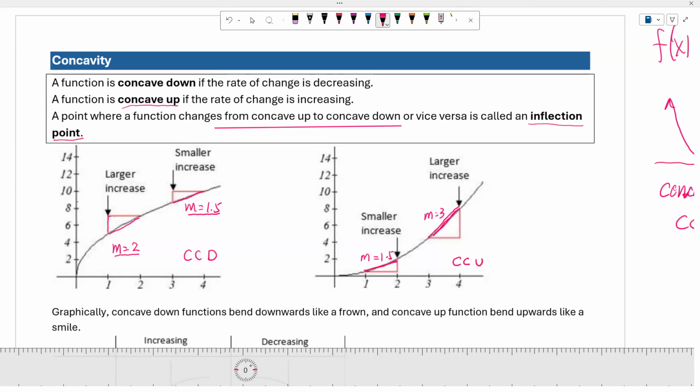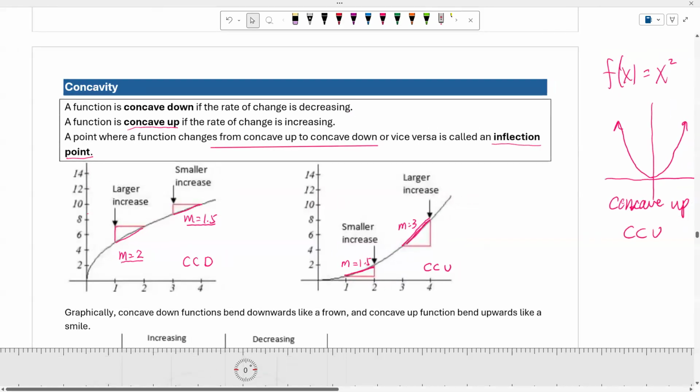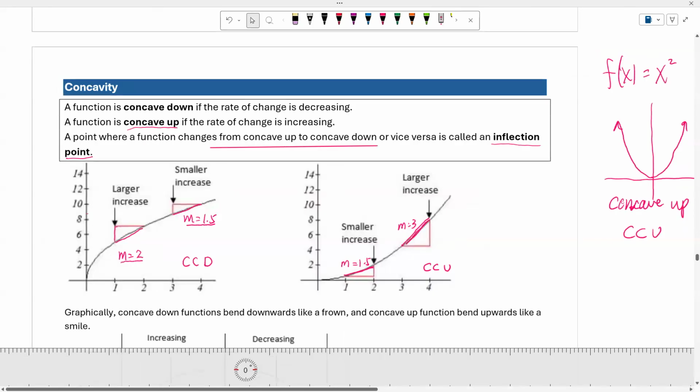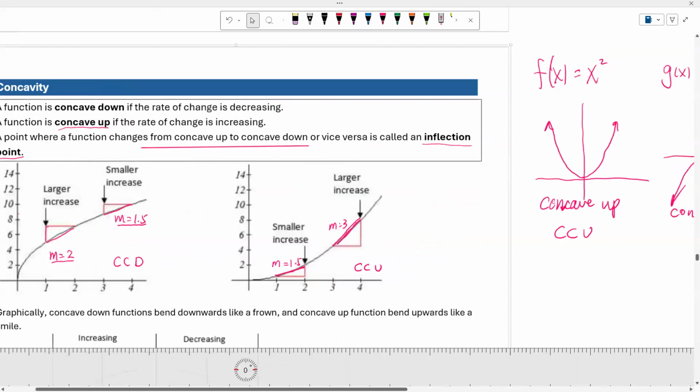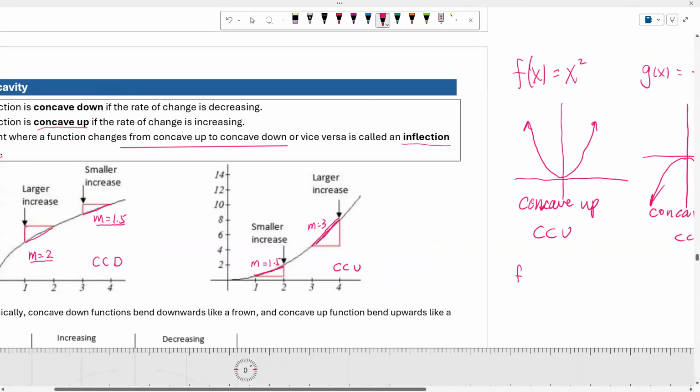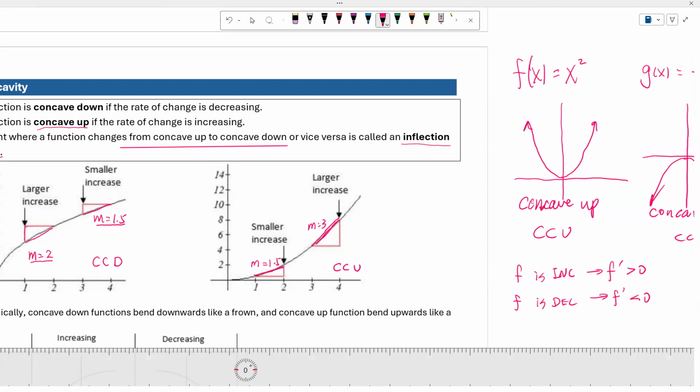Now, how is this related to calculus? Remember, we say that if f is increasing, then f prime is positive. If f is decreasing, then f prime is negative, right? So remember, what is rate of change?